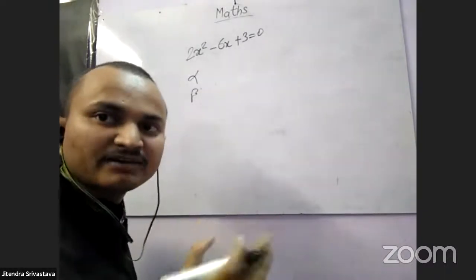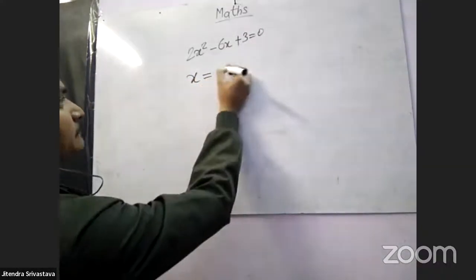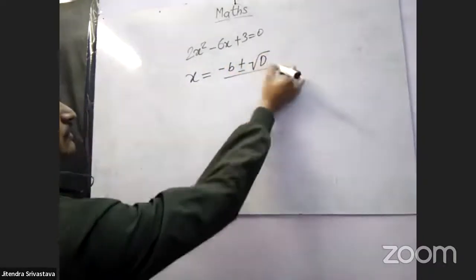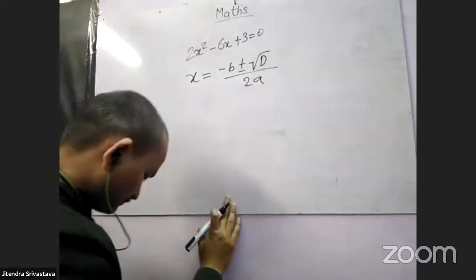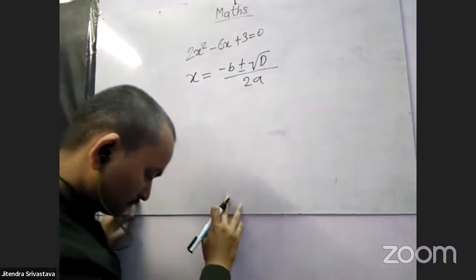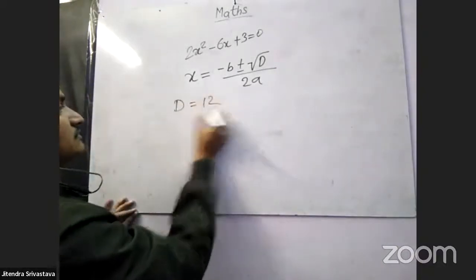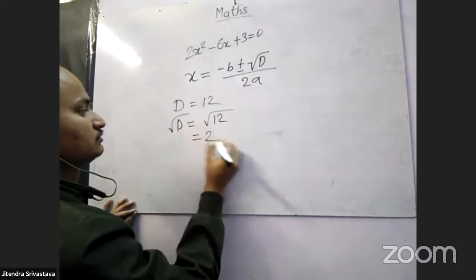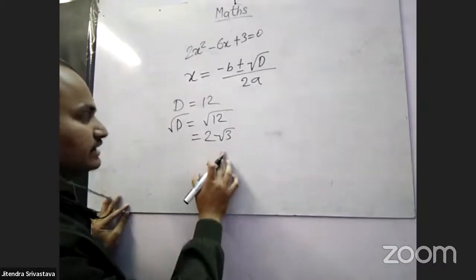Here x is written, so we will write x only. x equals minus b plus minus root D upon 2a. With this formula, we will find out the roots. The value of D was 12, so under root D will be 2 root 3.